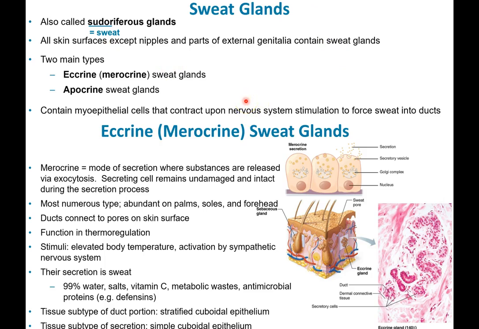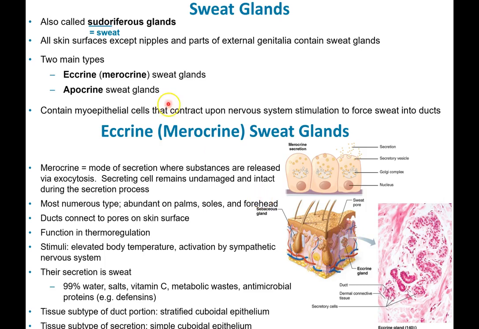There are two main types of sweat glands, eccrine and apocrine sweat glands. Note that sweat glands contain modified muscle cells called myoepithelial cells that contract upon nervous system stimulation to drive sweat into a duct.